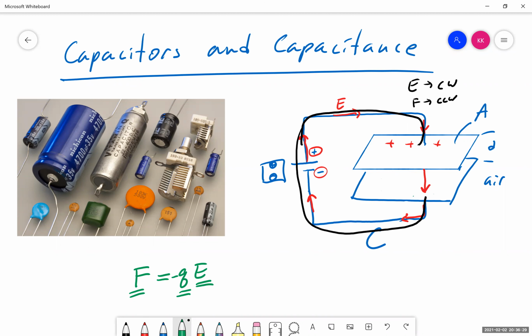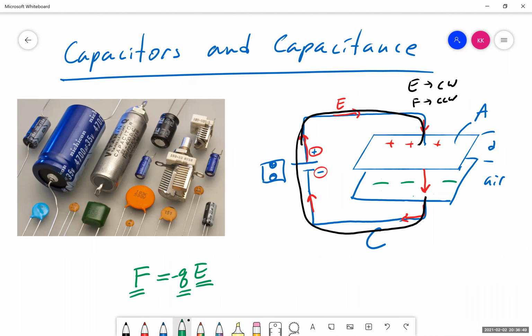What I end up with is the bottom plate having more negative charge than it had before, and the top plate losing electrons, so it becomes positively charged. The top plate is now positively charged, the bottom plate is now negatively charged.